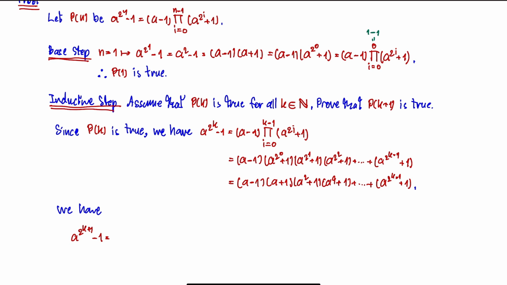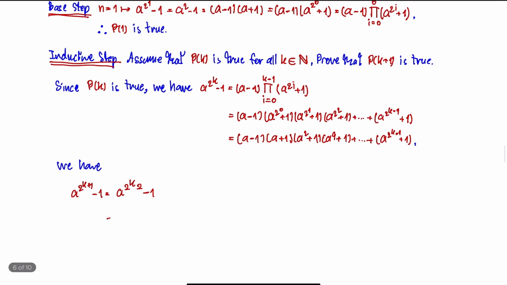And then we're going to have a to the 2 raised to the k, and this is 2 to the k plus 1, so we have the number 2 right here, and minus 1. Then we're going to have a to the 2 raised to the k, squared, minus 1.